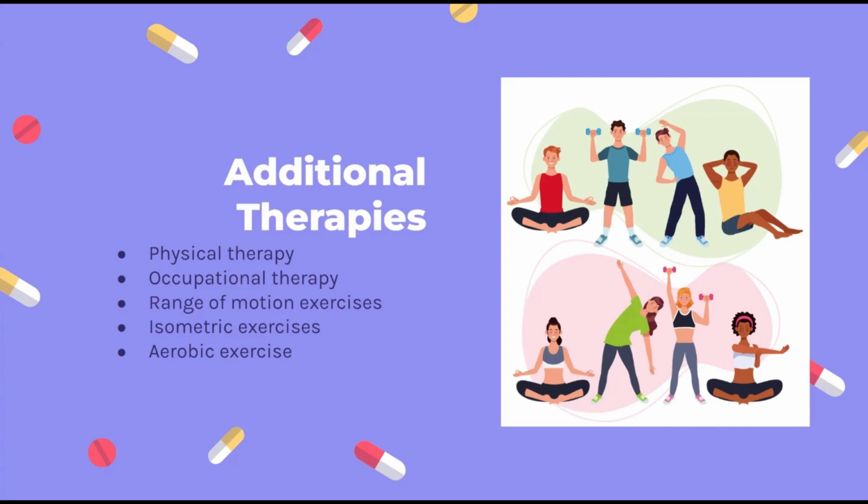With gentle exercises, there are multiple options like range of motion exercises, isometric exercises, and aerobic exercises. Range of motion exercises can include ankle circles or shoulder rolls, and these are great for improving mobility of the joint. Isometric exercises like squats or hand presses are great for strengthening muscle and are low impact on the joints.